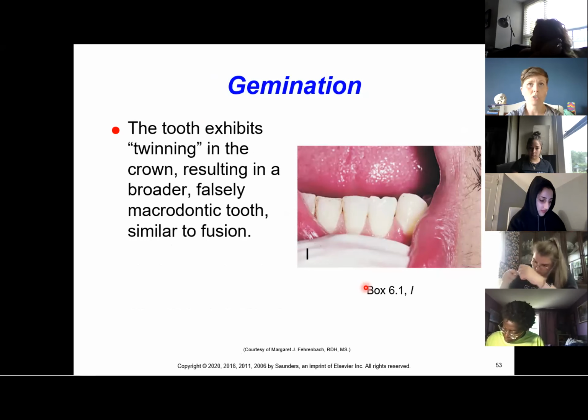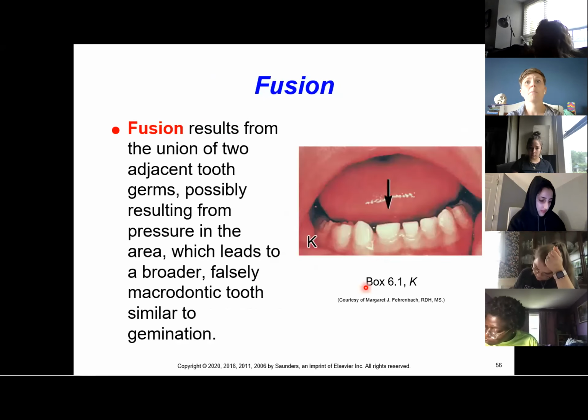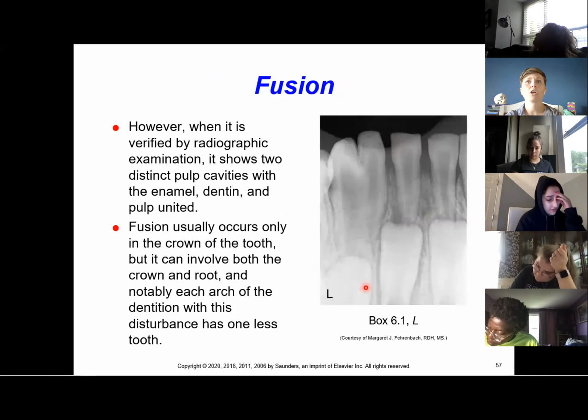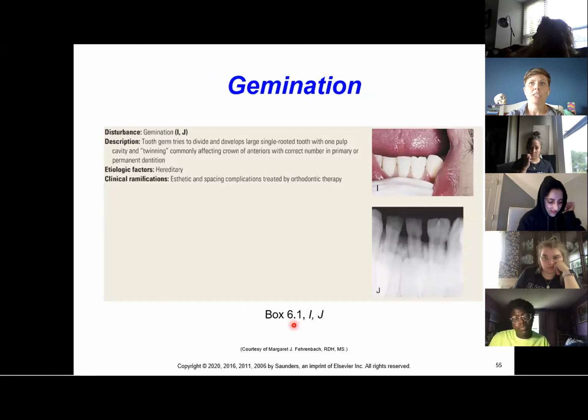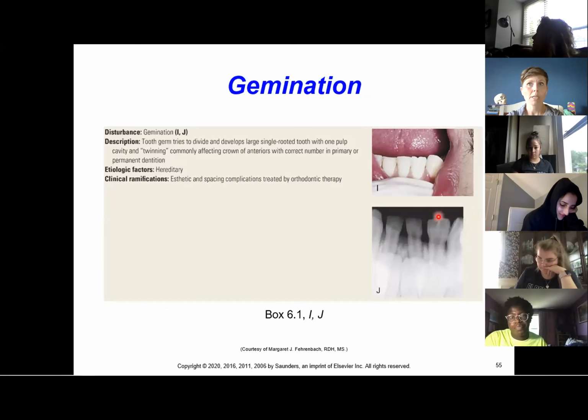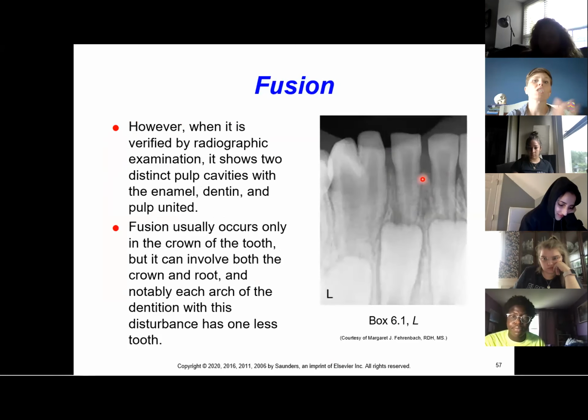Why it's called gemination. Then there's fusion, which can also occur with teeth. You can see that it looks like 2 teeth, where gemination is one pulp, which looks like 2 teeth, right? They say that they have the same pulp, whereas fusion is 2 teeth that are fused together and they have 2 distinct pulps.